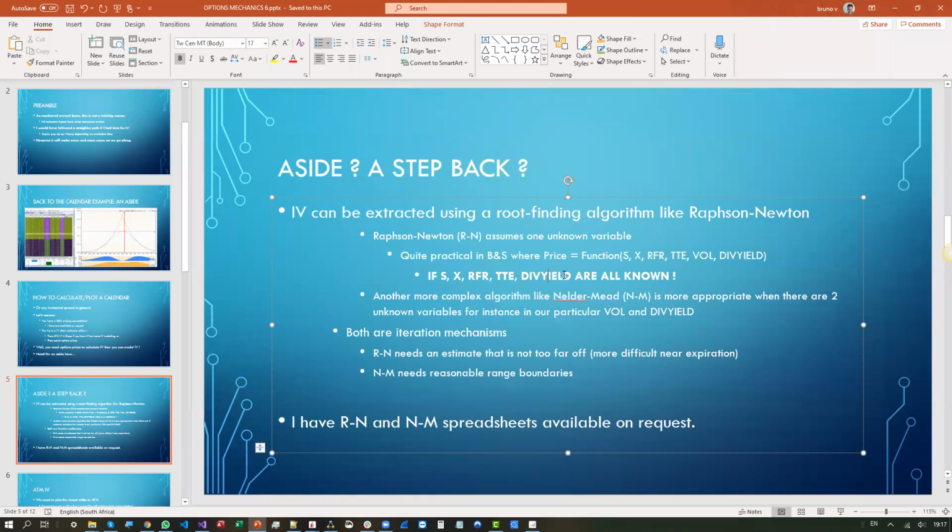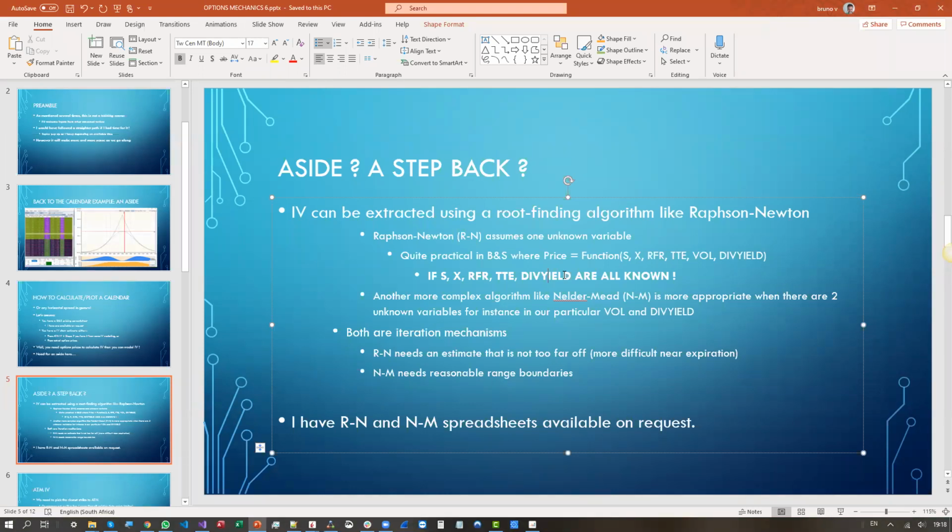Raphson-Newton requires what we call a volatility guess, or vol guess, and it must not be too far off. If the volatility is high and you put a vol guess that is too low, the algorithm will probably not converge very well.